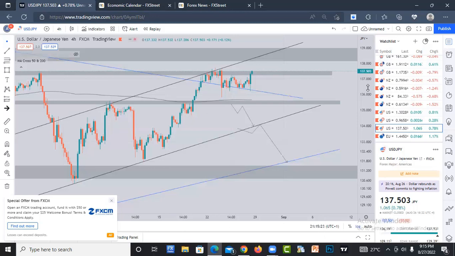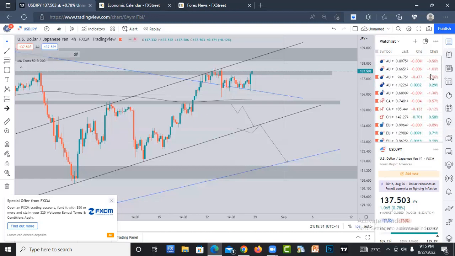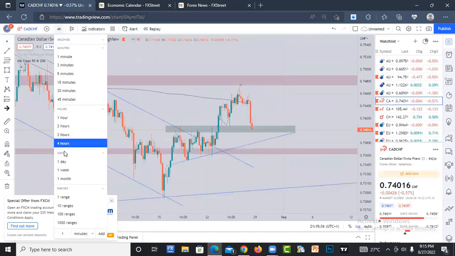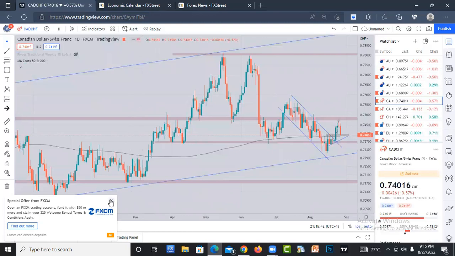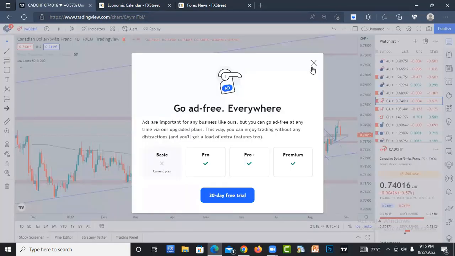Yeah, I was thinking CADCHF, because I had a support that I drew, and now the market is sitting right on that support.